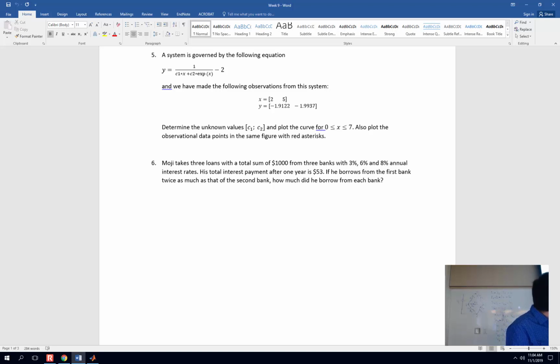If I borrow from the first bank twice as much as the second bank, how much did I borrow from each bank? How do you think I should approach this? It's a system of equations, right? I just have to start writing that system of equations. Think about it while I erase the board.